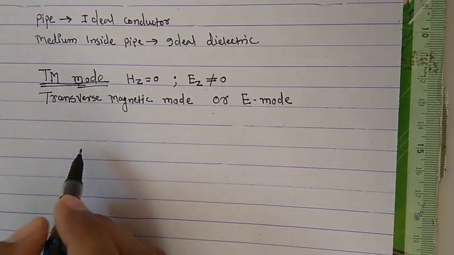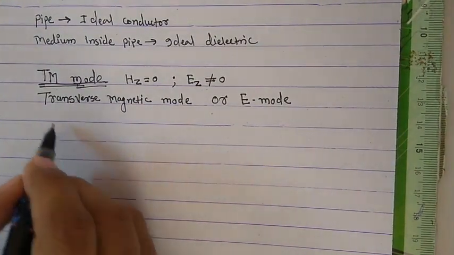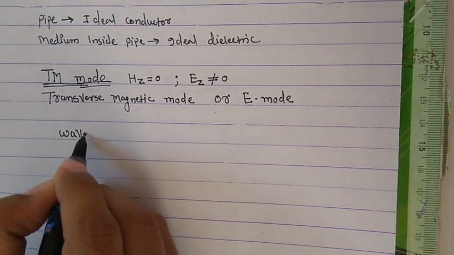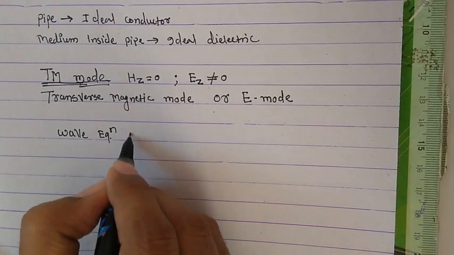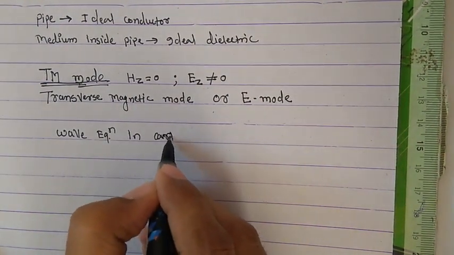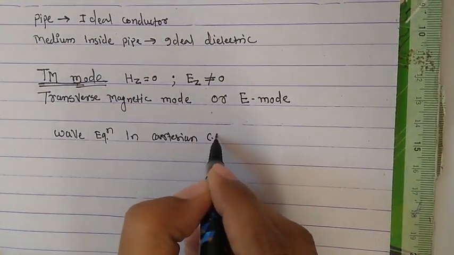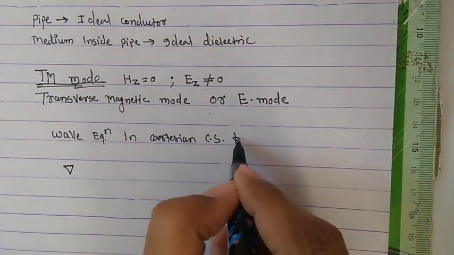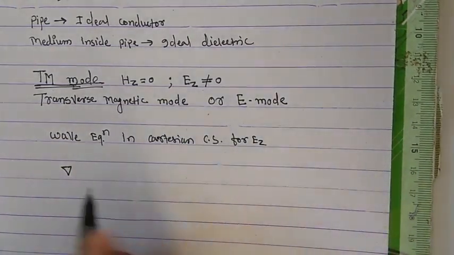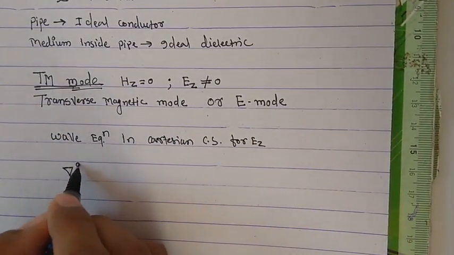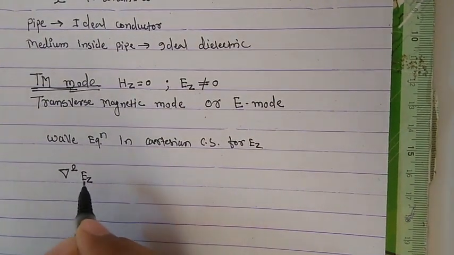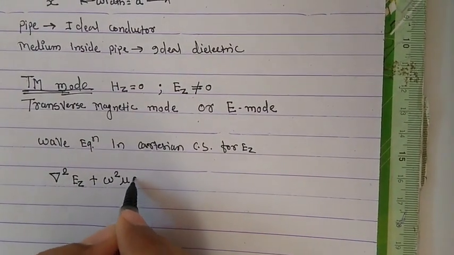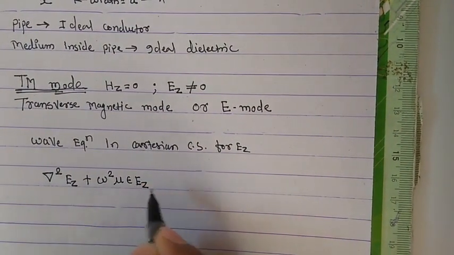To do that, let us consider the wave equation in Cartesian coordinate system for Ez, for the electric field. That is del square Ez plus omega square mu epsilon Ez.